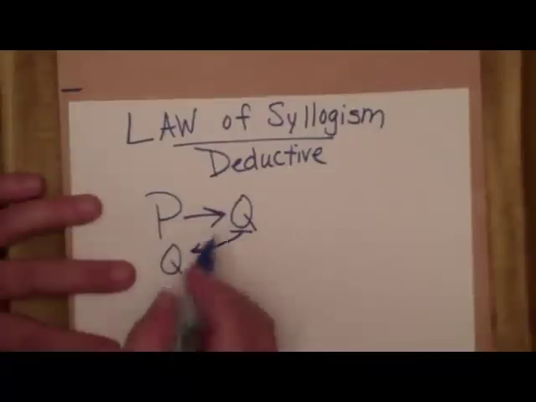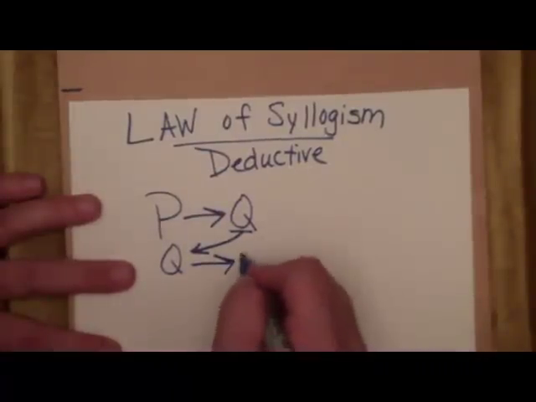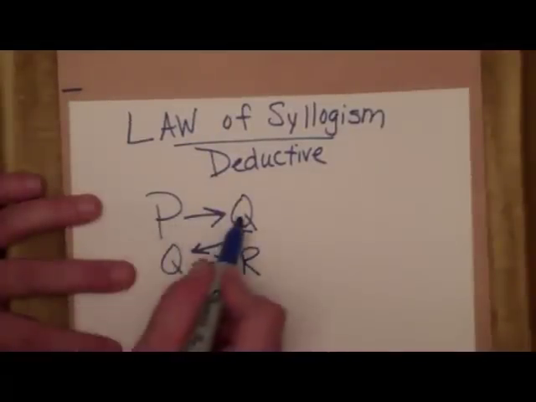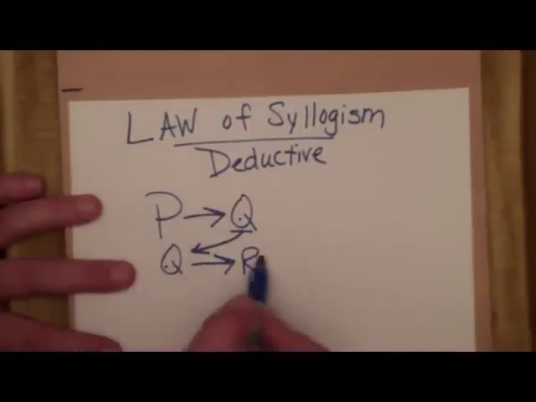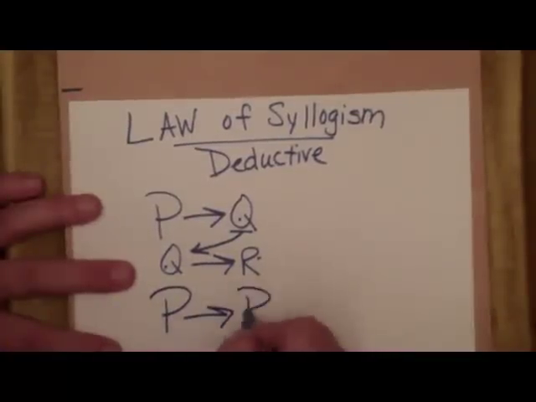So the second conditional statement says that if Q is true, then something else is true. We're going to use an R for the conclusion here. If P is true, then Q is true, and if Q is true, then R is true, then you know that if P is true, R is true.